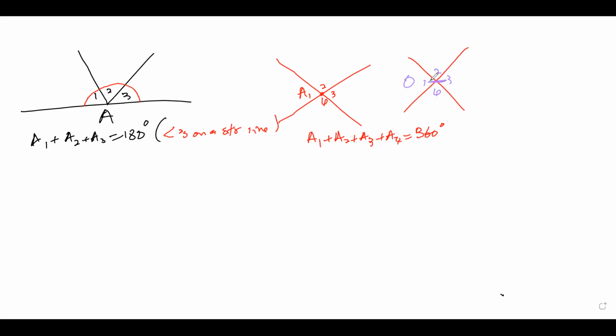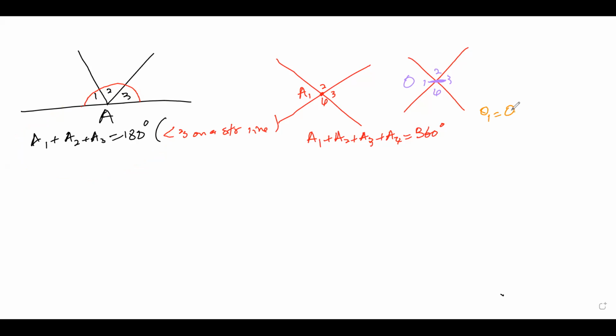So O1 and O3 are vertically opposite, but O1 and O4 are actually adjacent, which are the ones that form a straight line. Adjacent angles on a straight line are supplementary. Someone on your side, we refer to as adjacent, but someone across or in front of you or at your back is vertically opposite. So vertically opposite angles are equal.